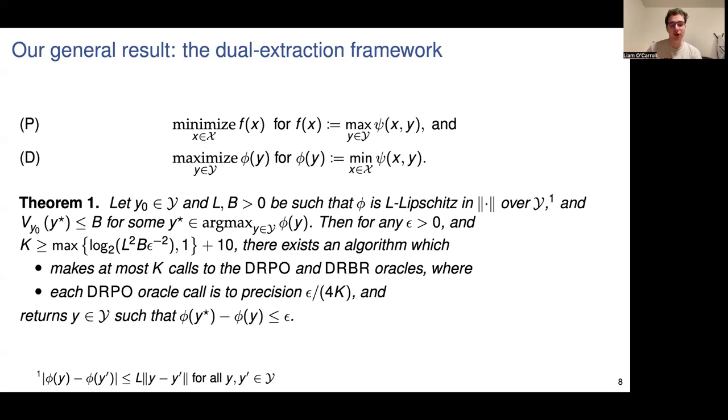And this algorithm returns exactly what we want, a point y, which is epsilon optimal for the dual optimization problem D. So in particular, note that this L and B, these are really weak assumptions because the guarantee is logarithmic in these parameters.